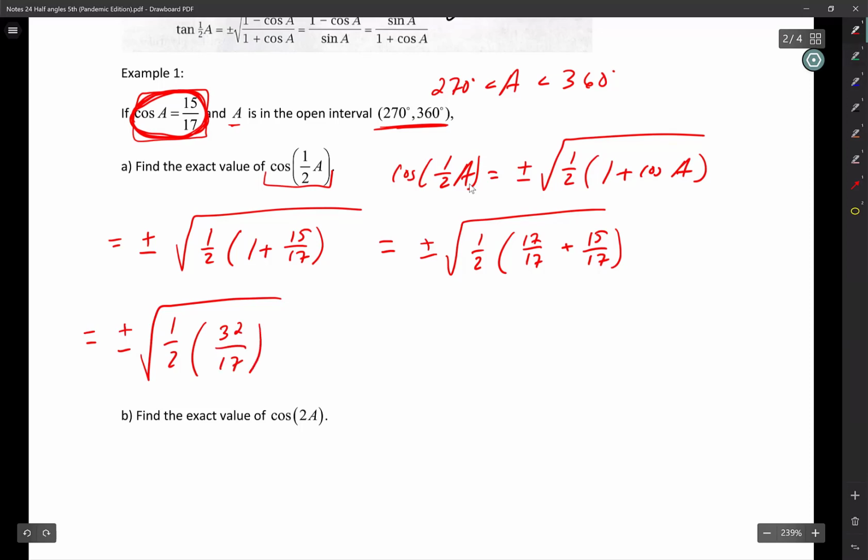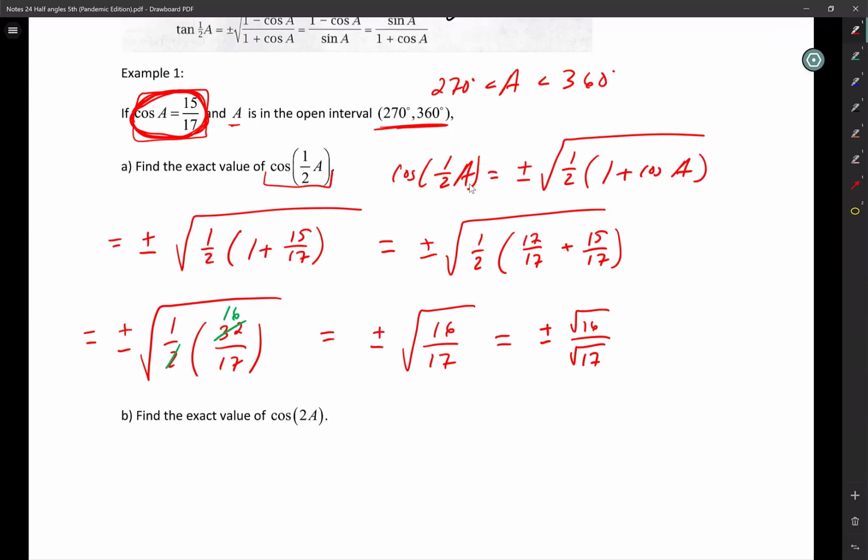And then make life simple for yourself, guys. 2 goes into 32 16 times. So now that we know that, finally, we have plus minus square root of 16 over 17. And we all took algebra 2, so we know that laws of exponents come into play. So I can rewrite this as square root of 16 over square root of 17.